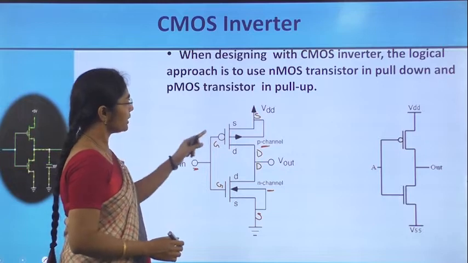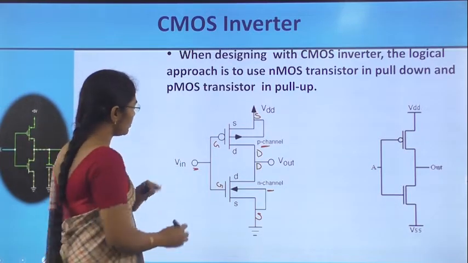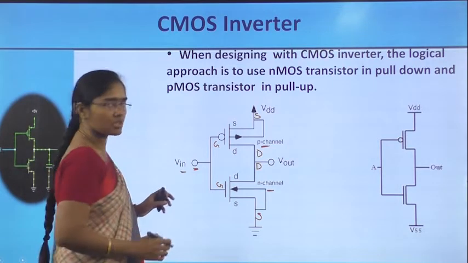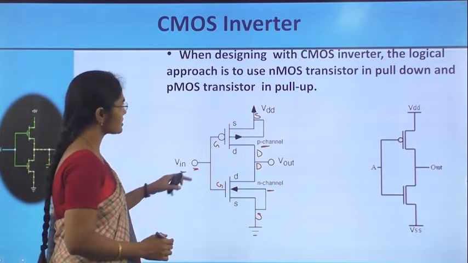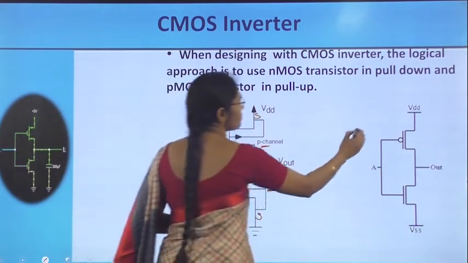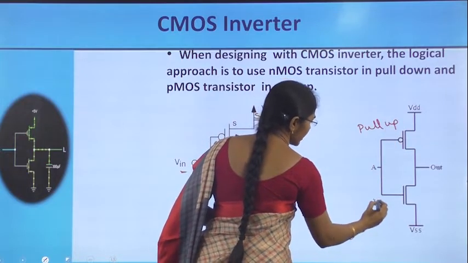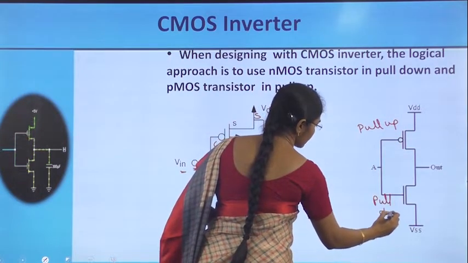So by having this connection, we can get the inverter action with one input. Since inverter is having only one input, this is acting as the inverter. So pull up device is always PMOS transistor and pull down device is NMOS transistor.